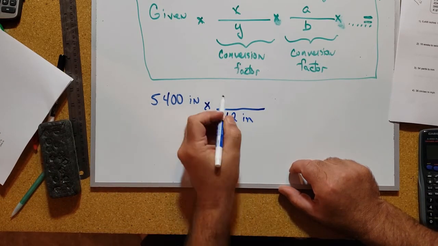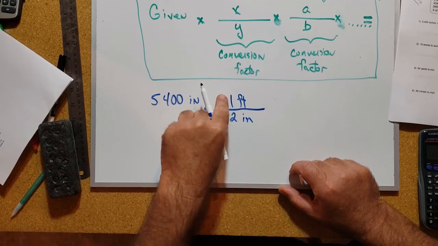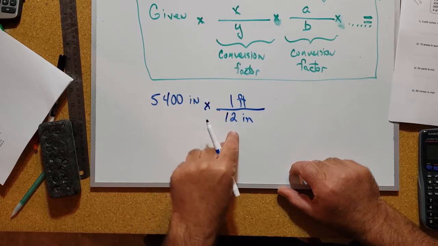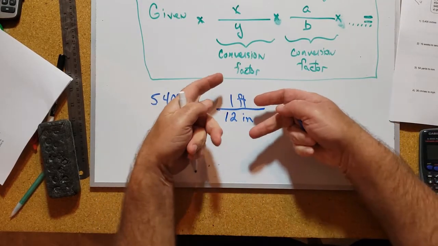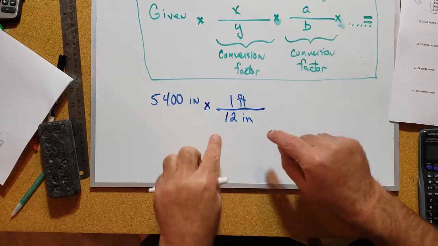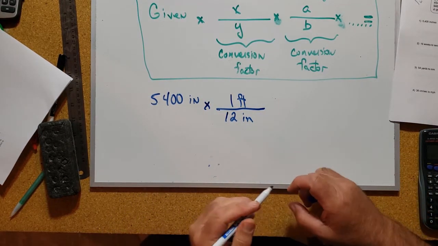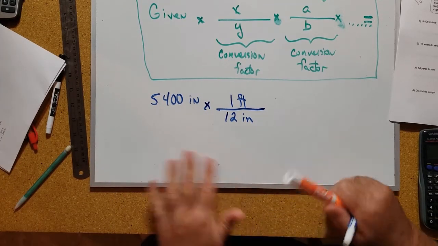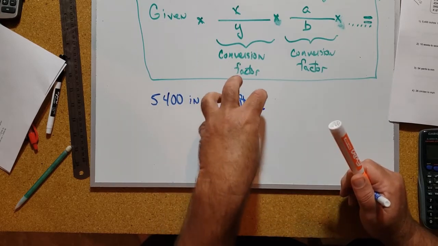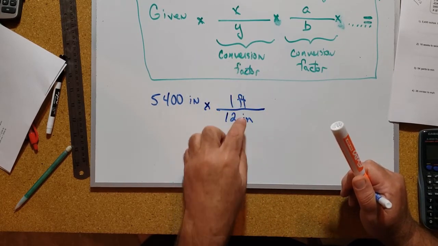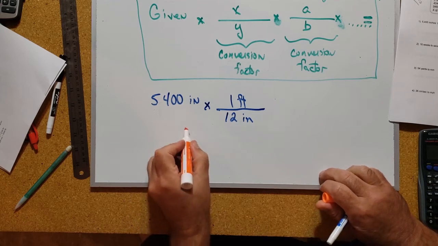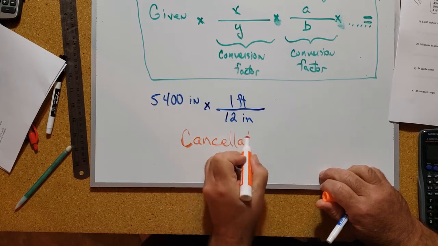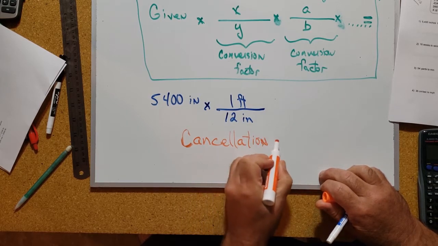I'm going to set this up so that the 1 foot part of that conversion factor is on top and the 12 inches are on bottom. It's possible for me to flip that over and have 12 inches on top and 1 foot on bottom, but in this instance, it's not what I want to do. The driving force behind your decision to put feet over inches, not inches over feet, is what I'm simply going to refer to as cancellation of units.